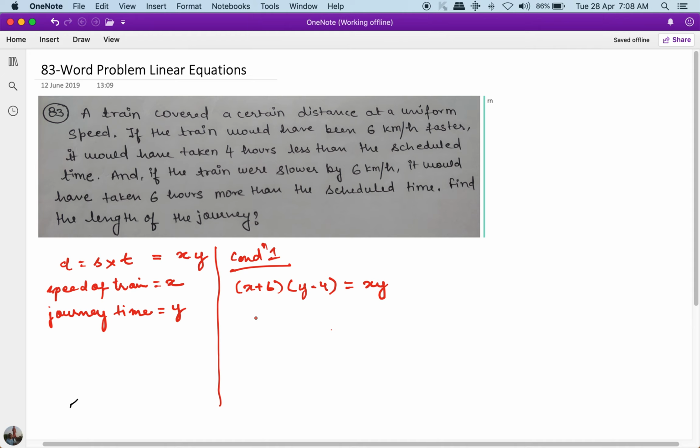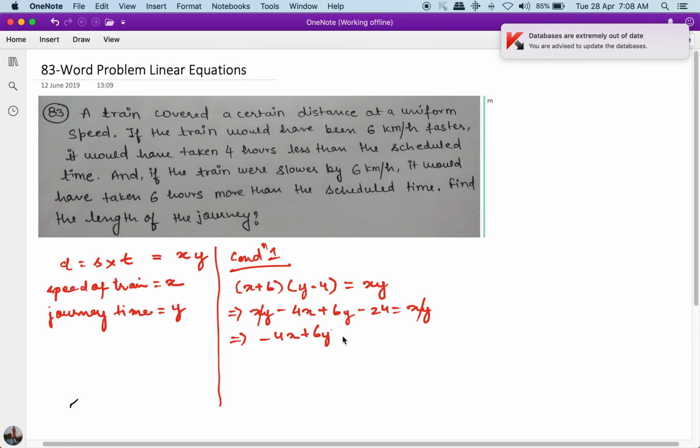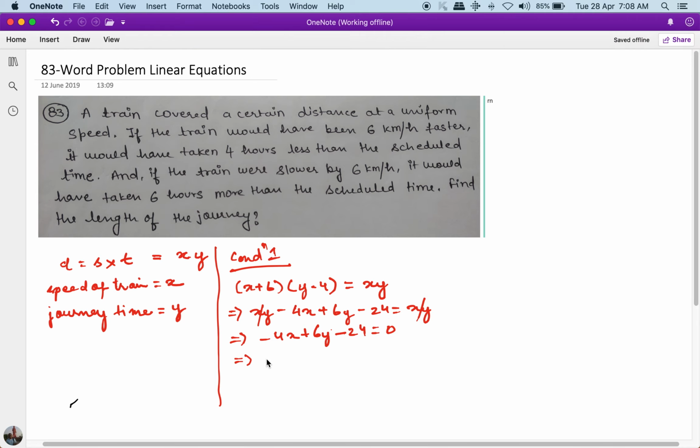The speed changed, the journey time changed, but the distance remained the same. Let's quickly solve this one. So we get xy minus 4x plus 6y minus 24 is equal to xy. Xy gets cancelled with xy. What we are left with is minus 4x plus 6y minus 24 is equal to 0, and this becomes minus of 2x plus 3y minus 12 is equal to 0. Okay, so this is our condition 1.